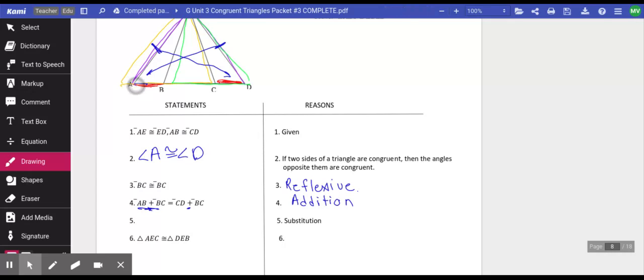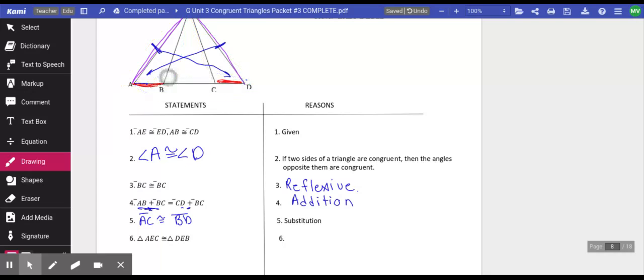So AB and BC together give me AC. That's congruent to what do I get when I add CD and BC? CD and BC added together give me BD. That's substitution.